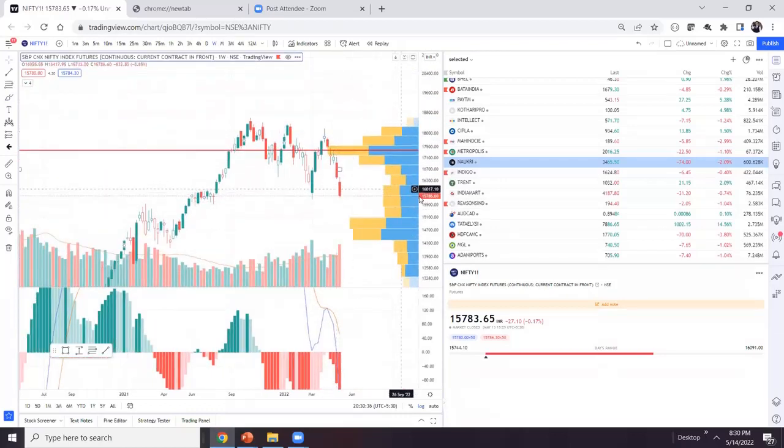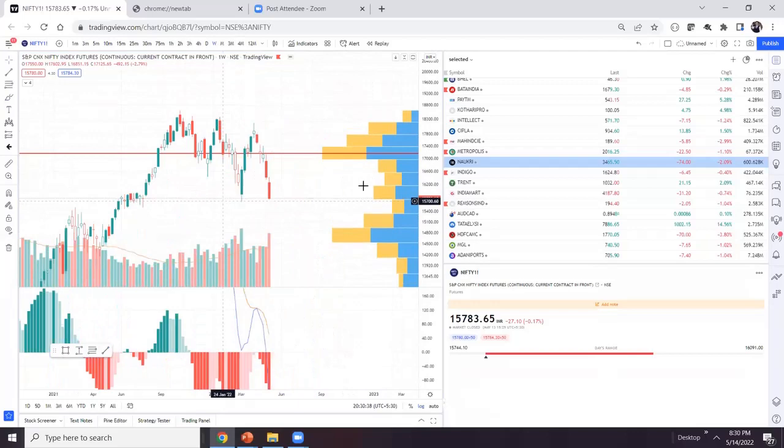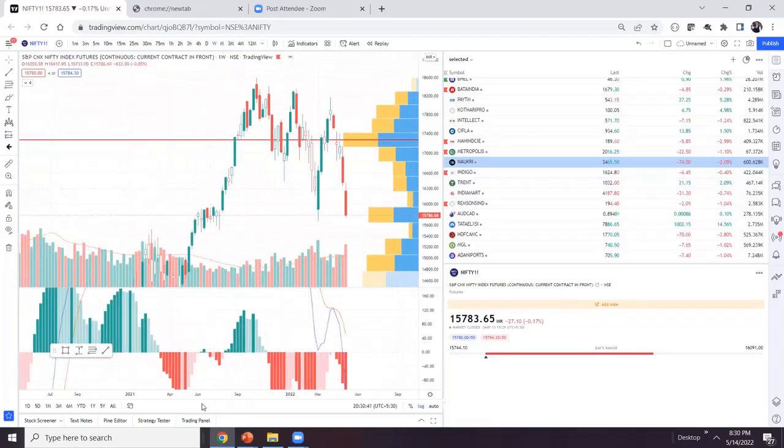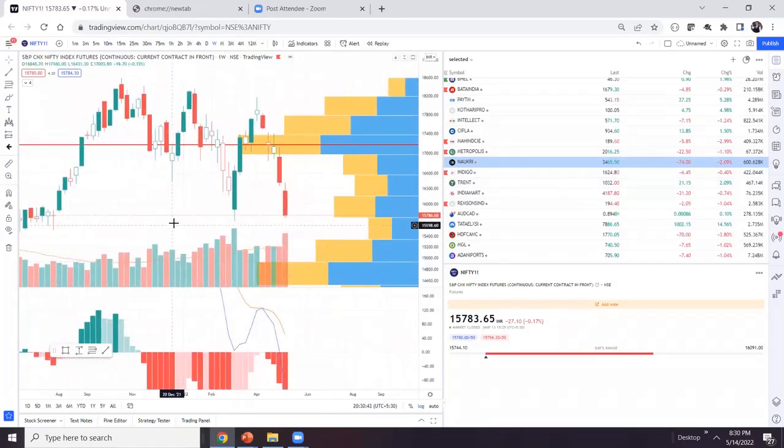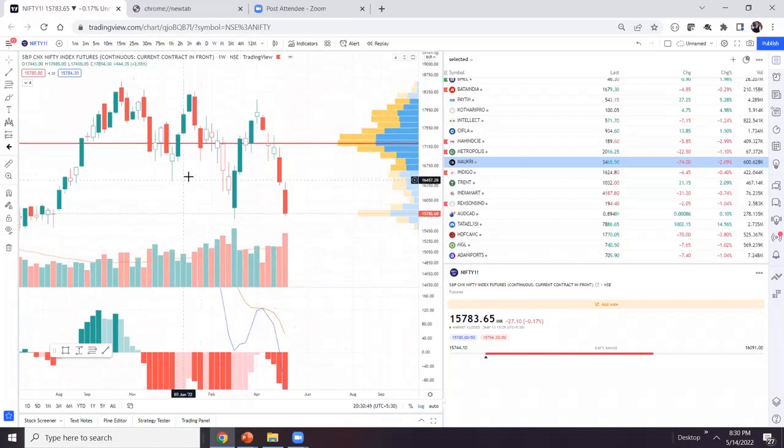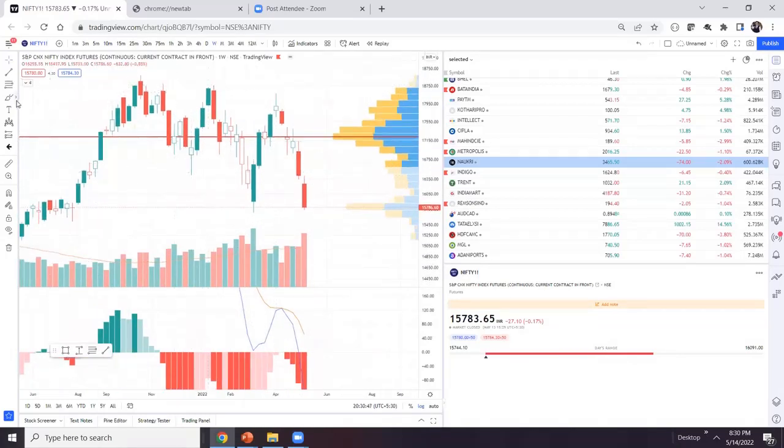So this is the weekly chart. Now we have to identify whether the move is fast or slow. If you see this move, is this fast or slow? Fast. Okay, so this is a fast move.